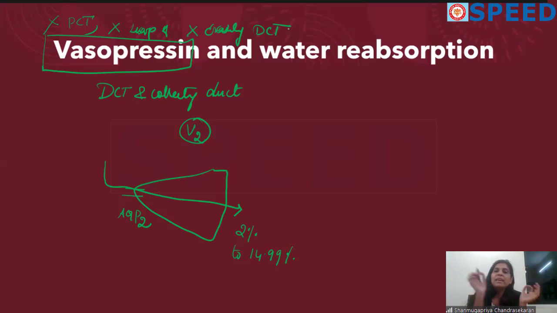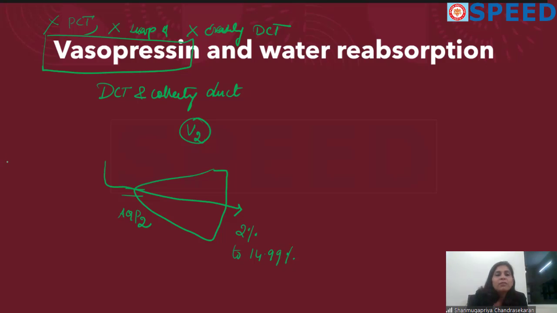Do you understand this? So where does vasopressin act? It acts only on the late DCT and collecting duct cells, causing aquaporin 2 insertion into the apical side, and through these aquaporin 2 channels, it increases the 2% of water reabsorption, which usually happens there, to 14.99%. That's the effect of vasopressin.